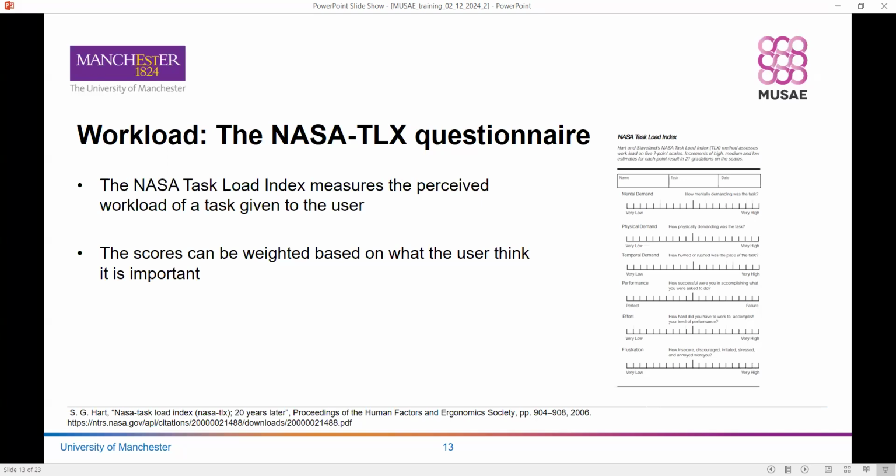For your purposes, you can use this questionnaire to make your case about whether your system allows the user to feel a less cognitive workload during the task at hand. And this questionnaire measures workload in terms of mental, physical, and temporal demand, and performance, effort, and frustration, all parameters that are defined in the handbook of the questionnaire.